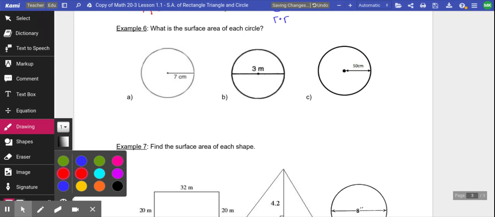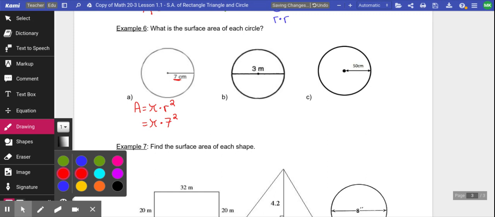So what's the surface area? Area of a circle equals pi times r squared. So for us, that would be pi times 7 squared, or 49. If you know that 7 squared is 49, you're more than welcome to just put 49 there.